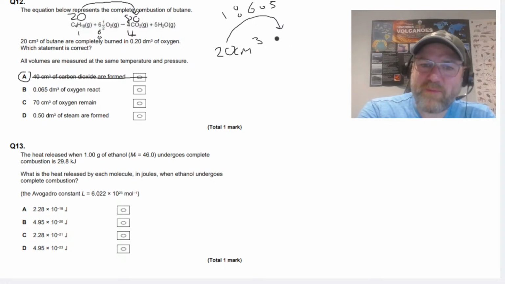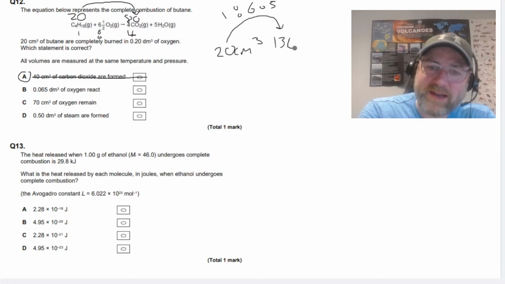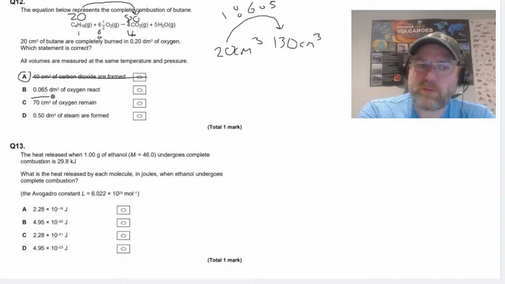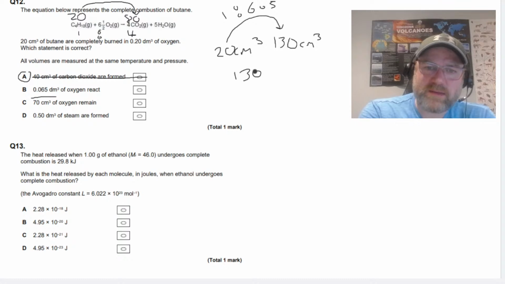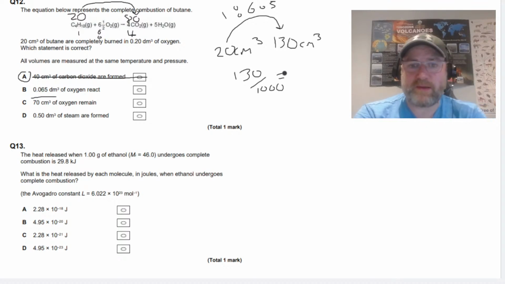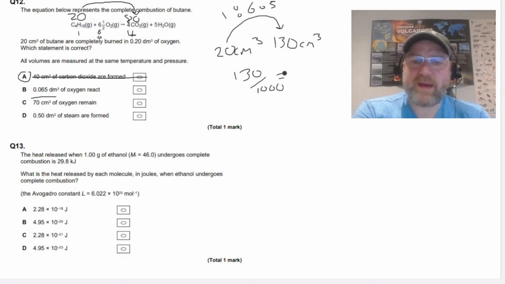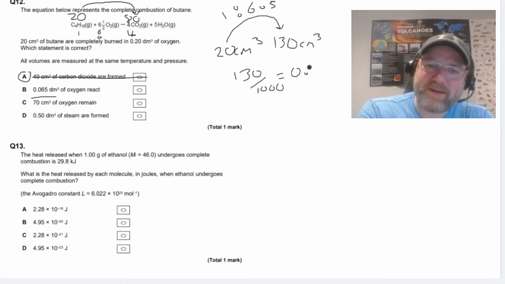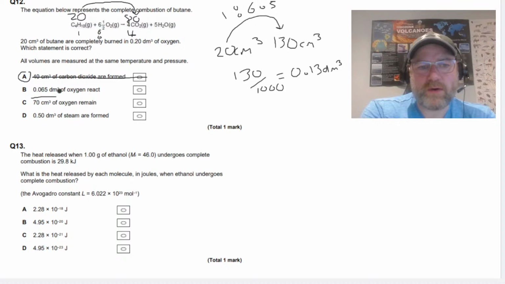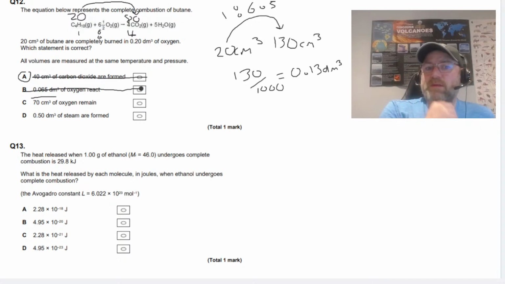We're going to need 130 cm³ of oxygen. Now, it says that's 0.065 dm³. Is that correct? If you do 130 divided by 1,000, it definitely isn't 0.065, so that's wrong. 130 divided by 1,000 is 0.13 dm³ of oxygen. So it's 0.13 dm³ of oxygen that have reacted.